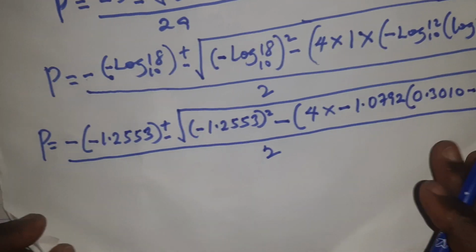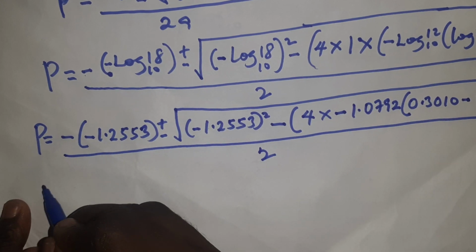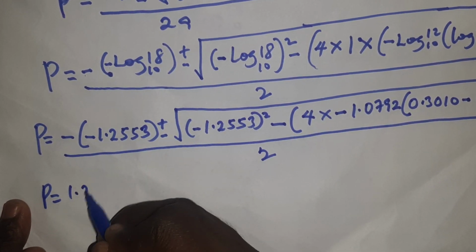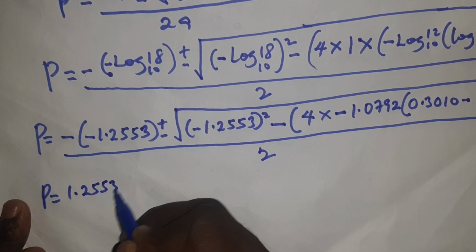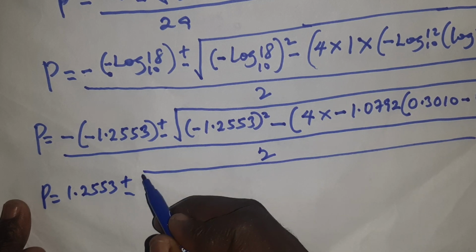So, simplifying this, you now have p equals minus times minus is plus. So you have just 1.2553 plus or minus, then your root.